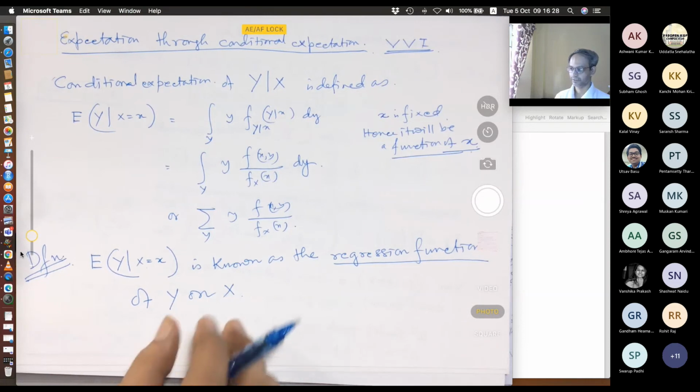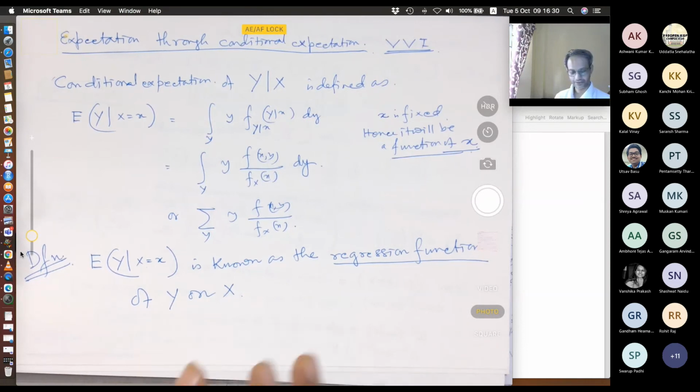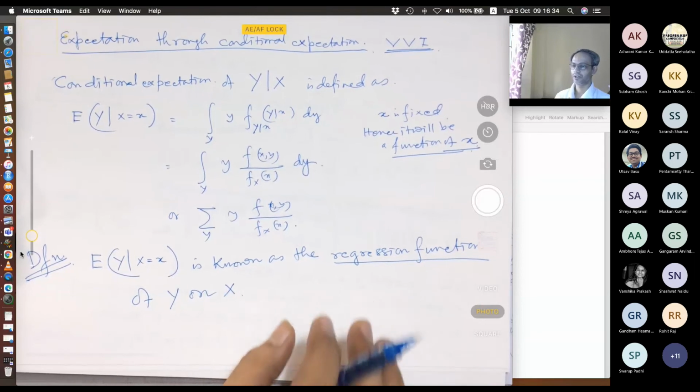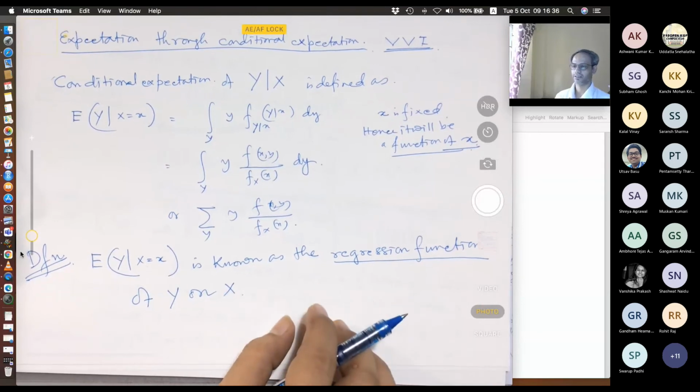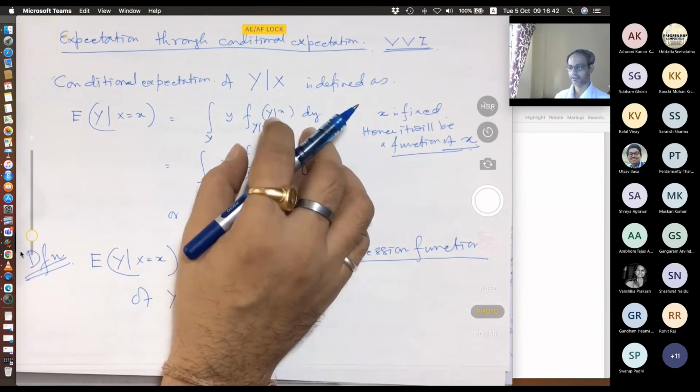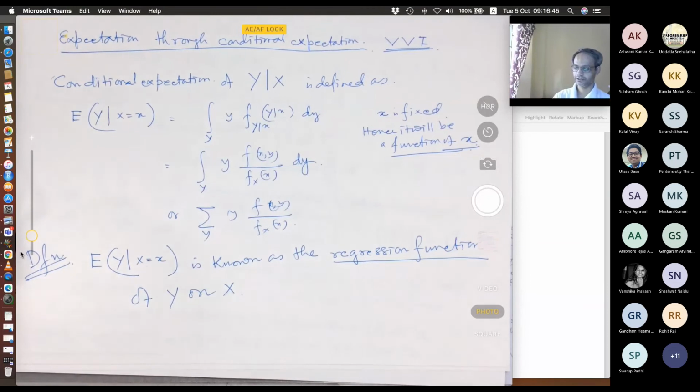So first we have defined the conditional expectation. Now if we want the unconditional expectation of y through this conditional expectation, let us see how, because that will help us solve many problems very easily.